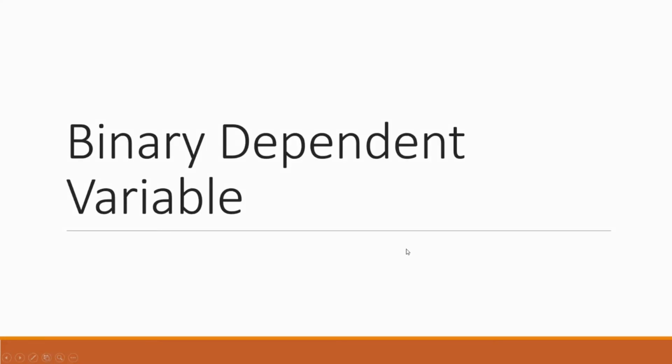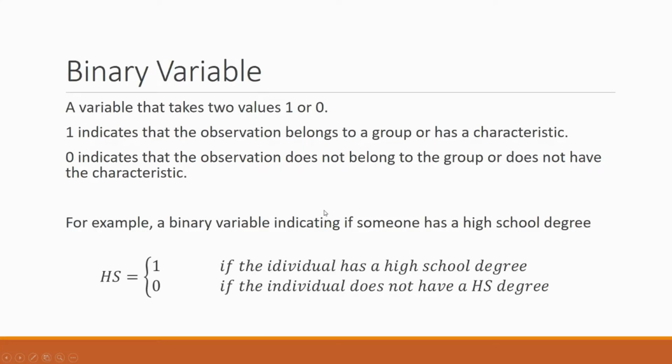Okay, so a binary dependent variable. First, let's just review what a binary variable is. A binary variable can take two values, and in our work, practically speaking, this is always going to be 1 or 0. When I say binary variable, that means it takes two values, but in practice, they take 1 or 0. 1 indicates that the observation belongs to a particular group or has a characteristic.